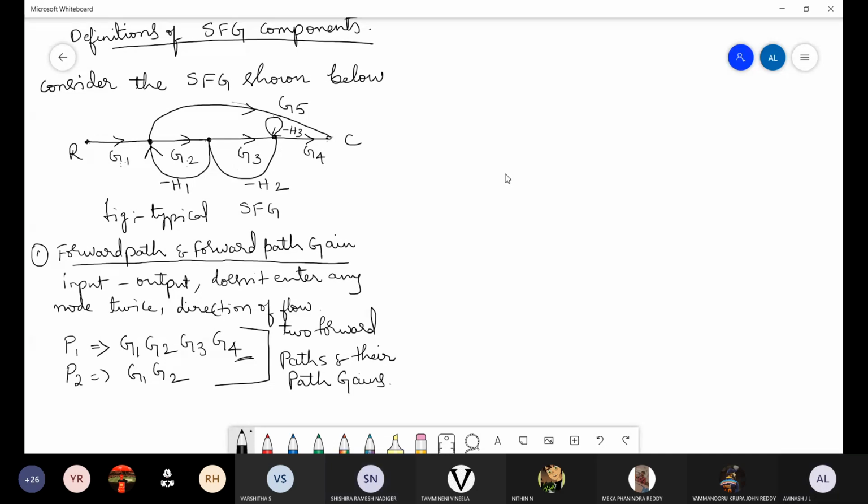Okay. So next thing is what? After understanding forward path and path gain, we must see loop and loop gain. So write the heading: loop and loop gain.